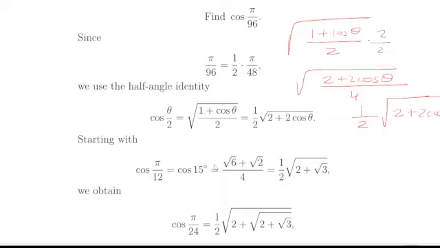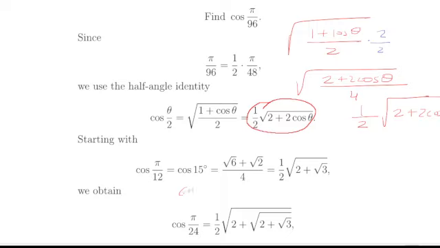So now with cosine pi over 12, that's, if you want, cosine of 15 degrees. But you may have memorized it. This is square root of 6 plus square root of 2 over 4. But if we use this formula over here, we'll see that, I guess we should write it out better.